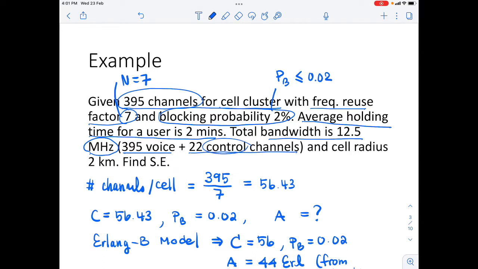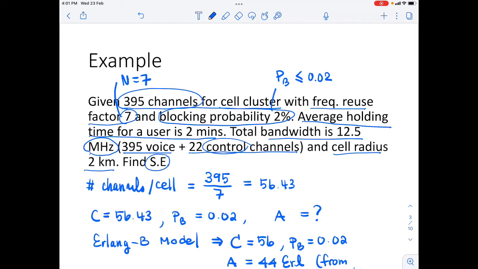The control channel is not giving voice service to users. It is a back office channel that helps the system make connections between the base stations and the mobiles. We assume that the cell radius is 2 kilometers, so the cell is sort of big, and we want to find the spectral efficiency of this system.